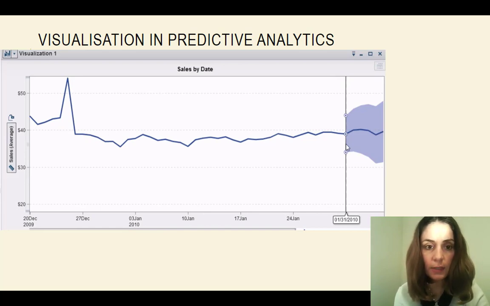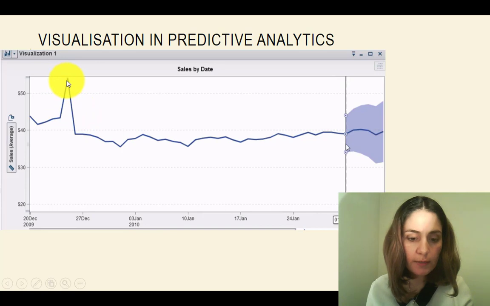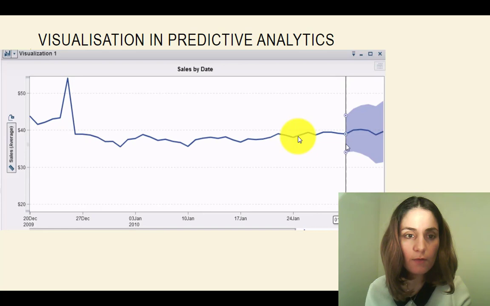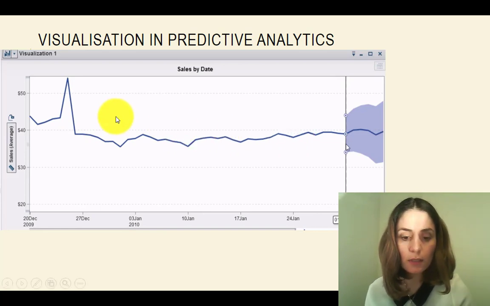We want to see the effect of a marketing campaign on sales transactions. We have a couple of spikes, but the average of the sales transactions stays fairly constant. In order to do forecasting, we increase the marketing budget and see the effect of increasing the marketing budget on sales transactions.